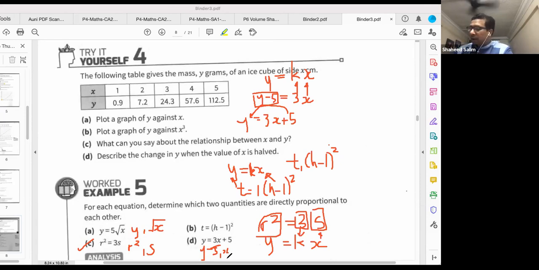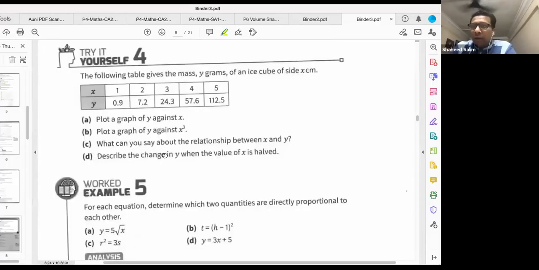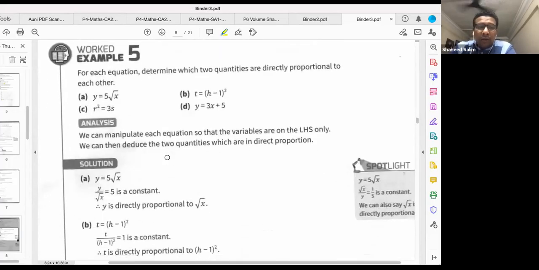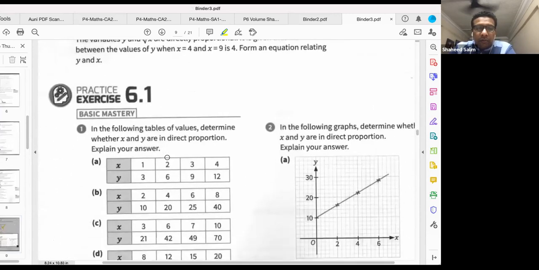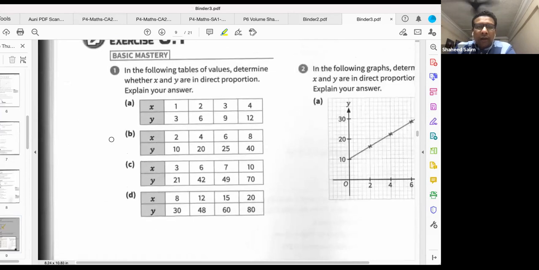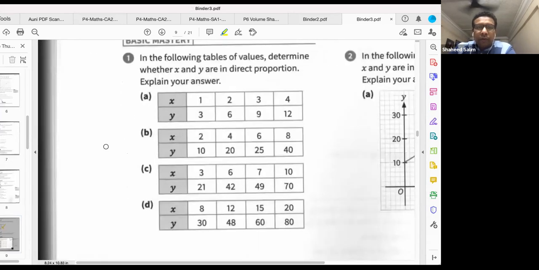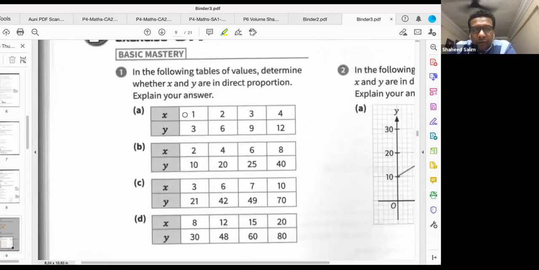We're going to try the exercises now, and you see whether you can. We'll take it one at a time. Indirect proportion I'll cover next lesson because it's already 1 hour. You try to see whether these values are directly proportional to this.